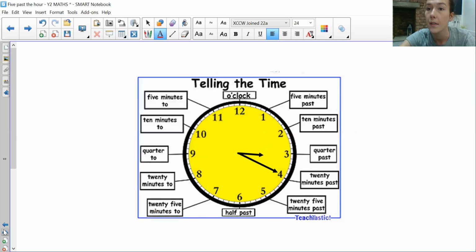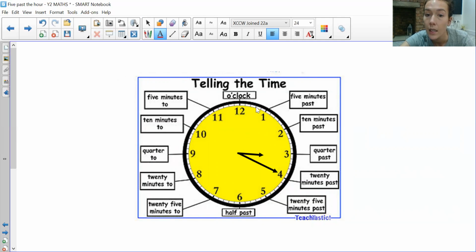I've done a few examples of these because it's new learning. So this one, the hour hand has obviously moved. And it is pretty much on 3, if not a tiny bit, if we're being picky, it's gone past it. So we've got 3, and then we've got the long minute hand on the 20 minutes past. So that time, everybody, is going to be, what do we think it is? 5, 10, 15, 20.